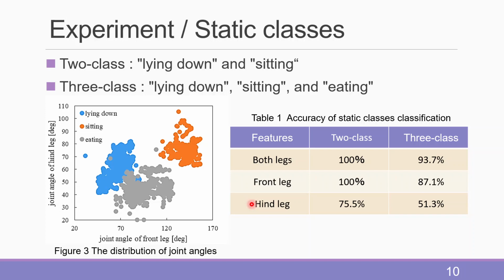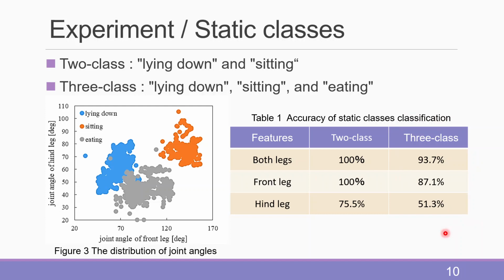The right table shows the accuracy of the classification of lying down and sitting, and classification of lying down, sitting, and eating. The two-class classification shows a high degree of classification accuracy. However, when eating is added, the accuracy is reduced.